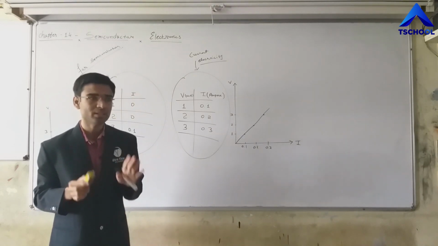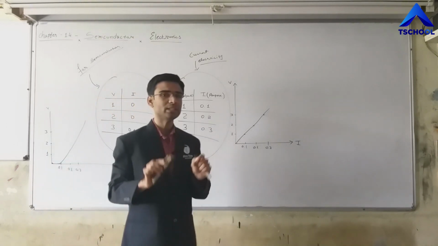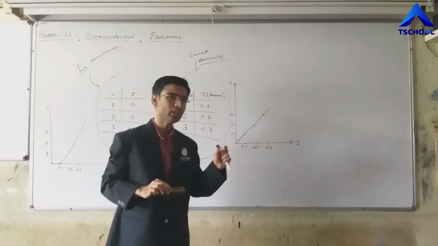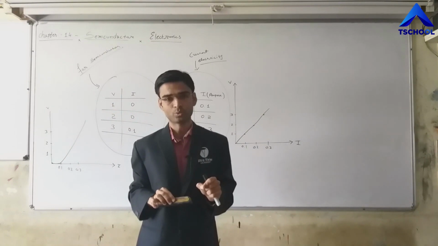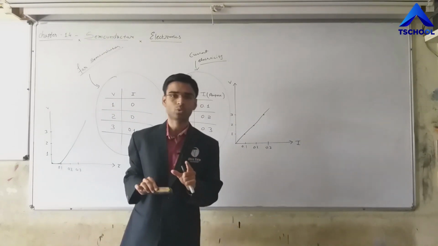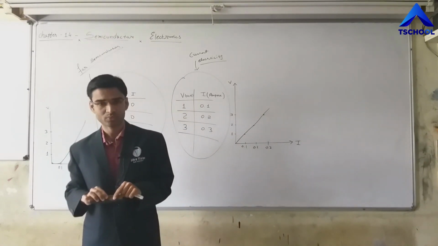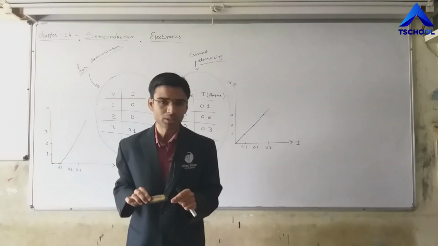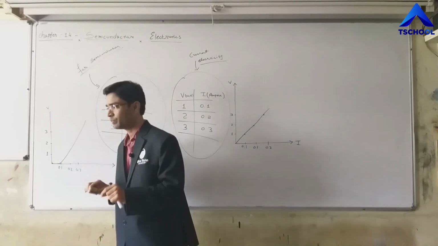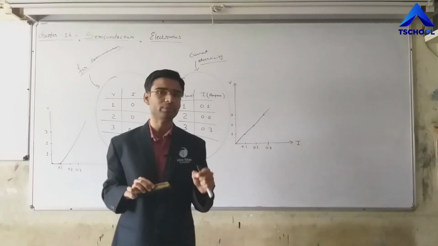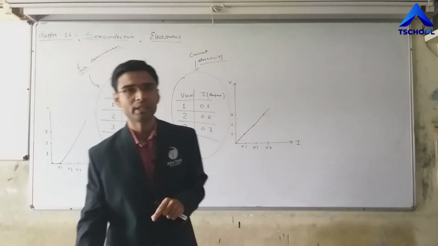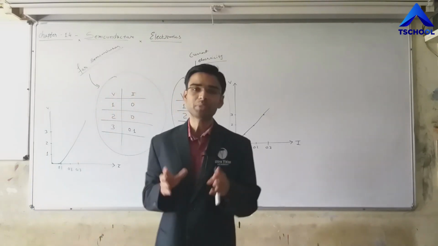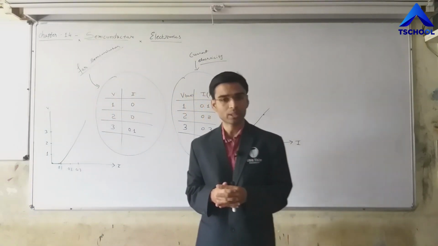That's why we can say silicon and germanium are semiconductors. Because they belong to the fourth group of the periodic table, silicon and germanium at absolute 0 Kelvin temperature behave as insulators.